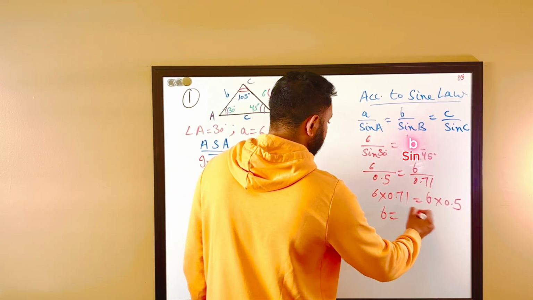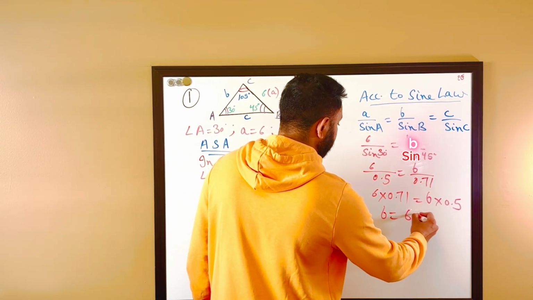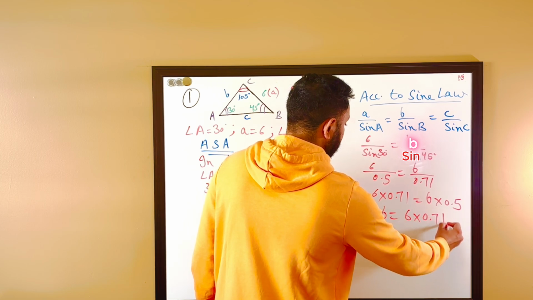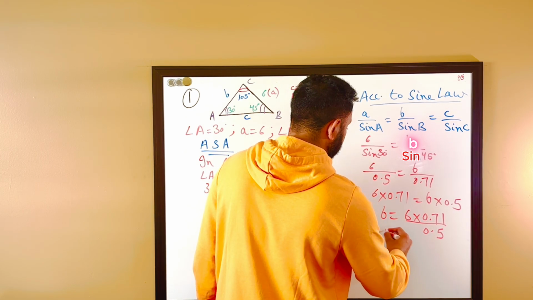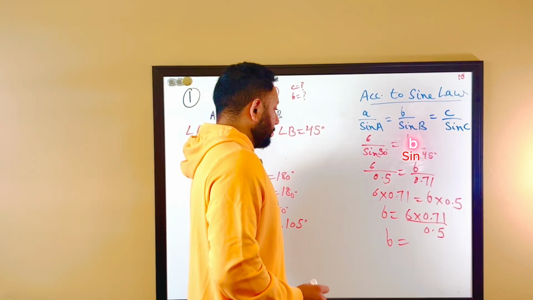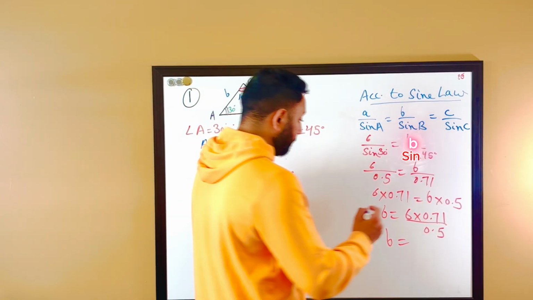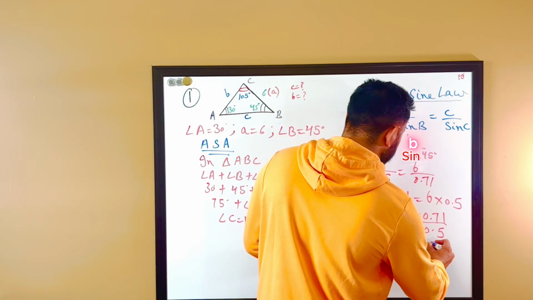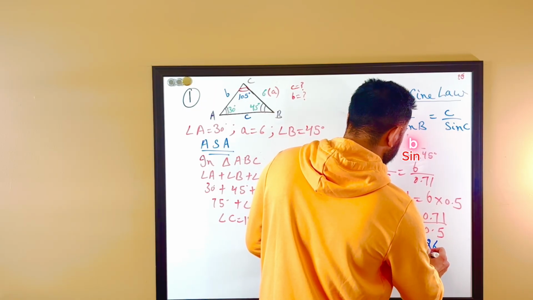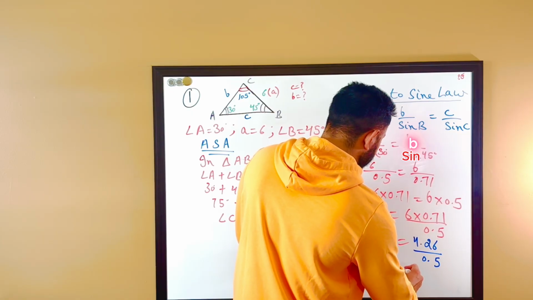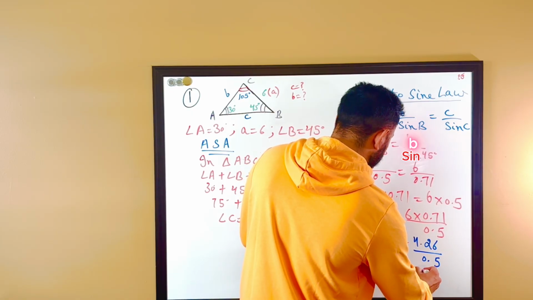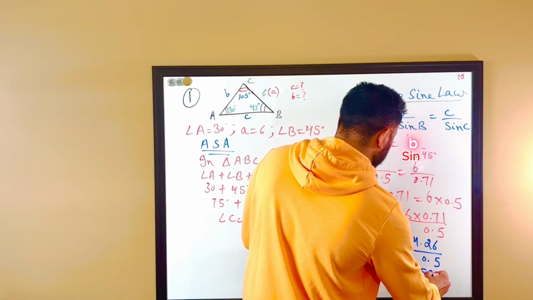Now we're going to simplify this. So b comes out to be 4.26 over 0.5. So b is 8.52.